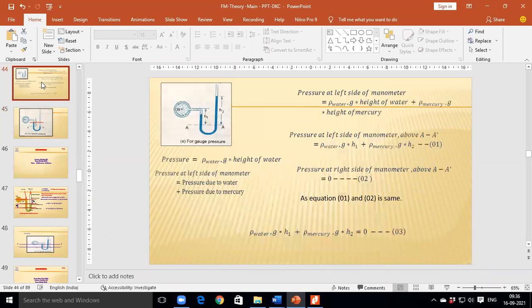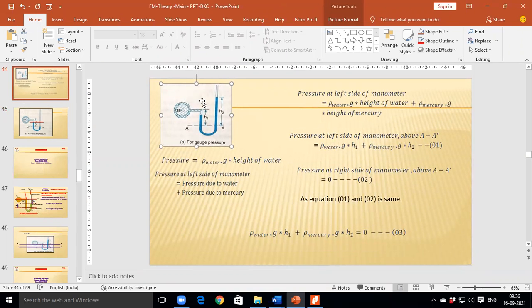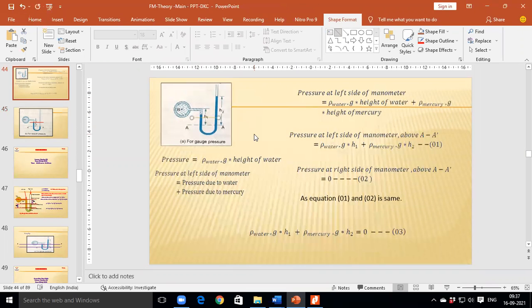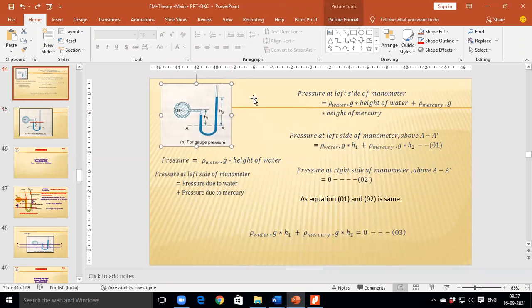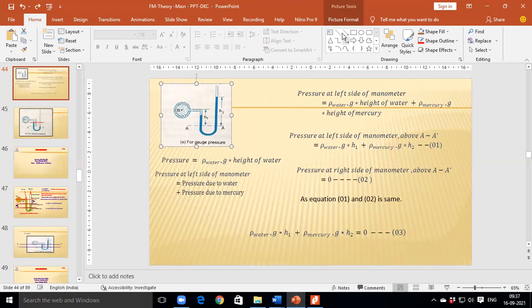And as far as this figure is considered, which one is a datum line? I will mark one line here just for understanding purposes, and you tell me which one is the datum line. A dash is the datum line. Observe carefully. I initially told you some mistake happened.